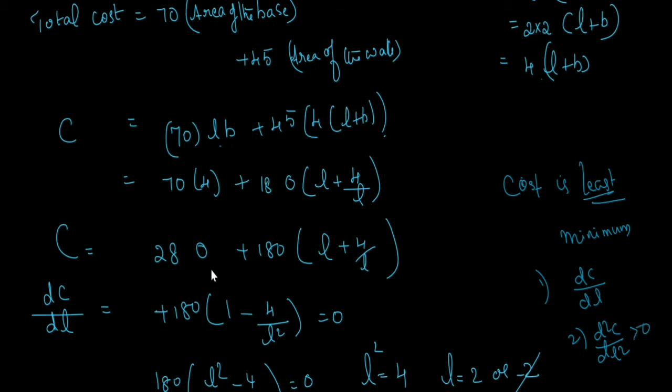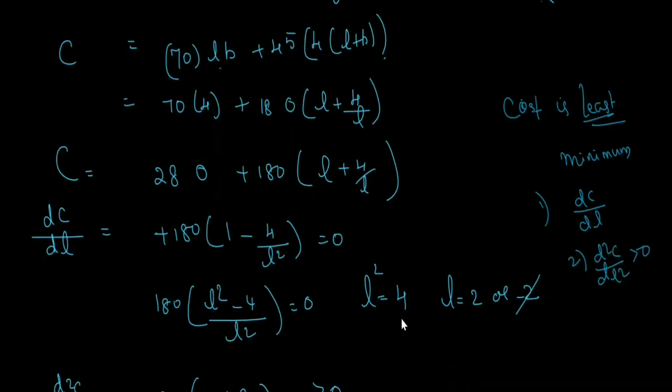So what is the first derivative? 280 gives 0, 180 times the differentiation of L with respect to L, which is 1, and 4 by L. You know differentiation of 1 by L is minus 1 by L square, so 4 by L becomes minus 4 by L square. Equate dc by dl to 0 to find the critical points.